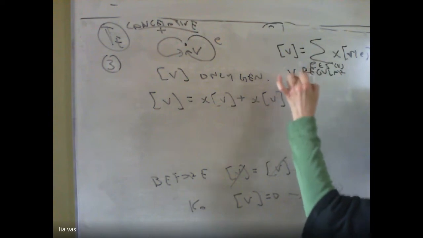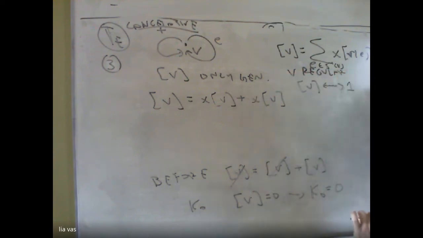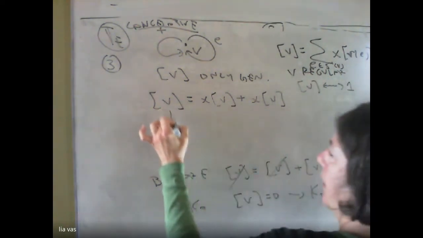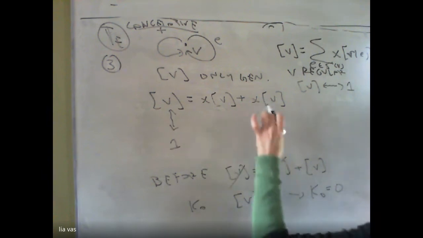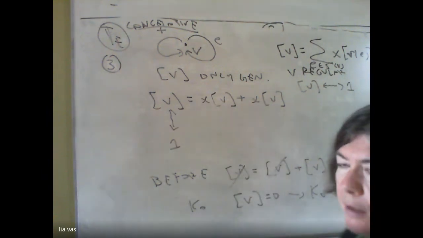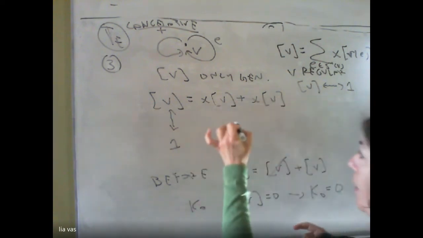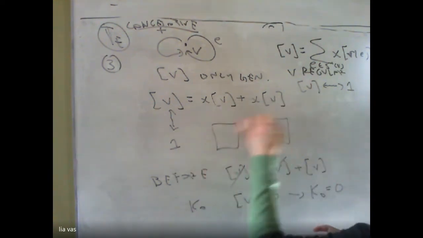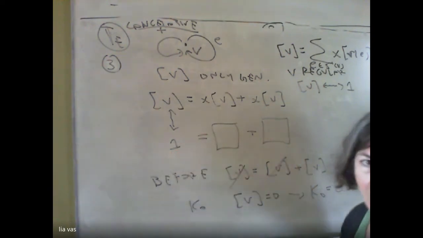So if I'm thinking that v is kind of like 1, then I'm thinking this is 1, and this is 1. Then this action of x should be something like multiplication with whatever will give me 1. I mean, these two things added together should give me 1.